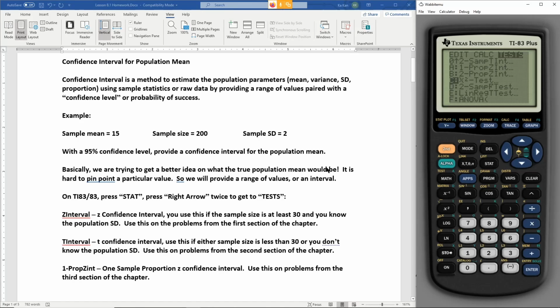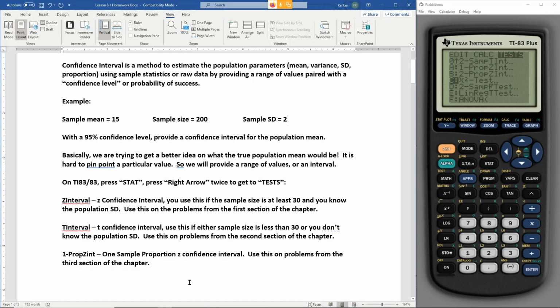So now, for this example, we will use Z interval because the sample size is larger than 30. It's 200, which is bigger than 30.